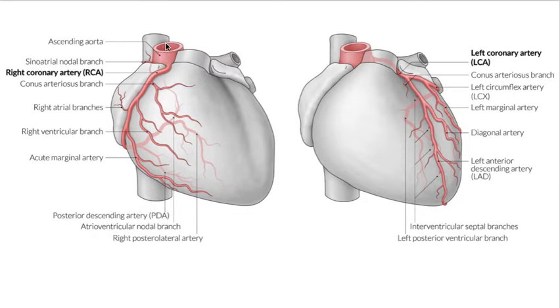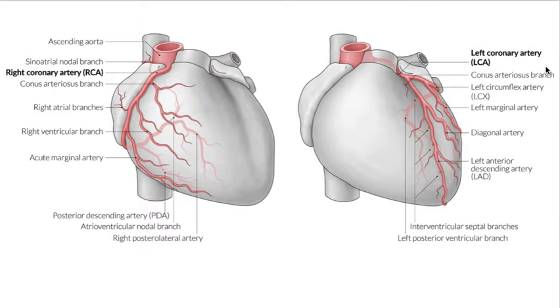Here, this is the right coronary artery with its branches. It gives off a sinoatrial nodal branch in 40% of cases. It gives a conus arteriosus branch. Atrial branches are anterior, posterior, and lateral. It also gives off the right ventricular branch, the acute marginal artery, the posterior descending artery, the atrioventricular artery, and the right posterolateral artery.